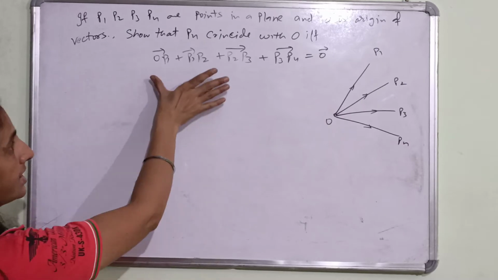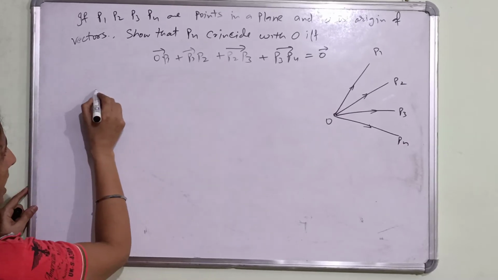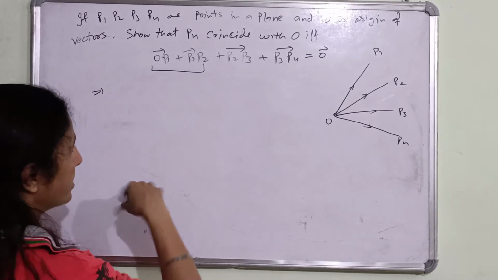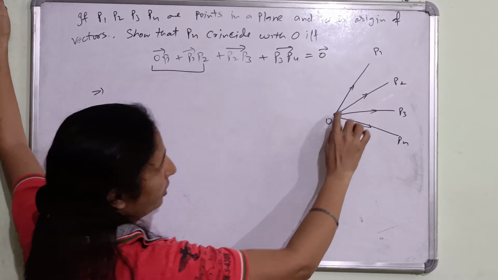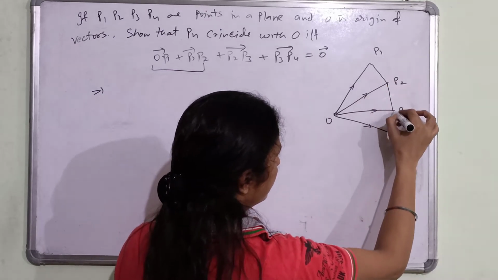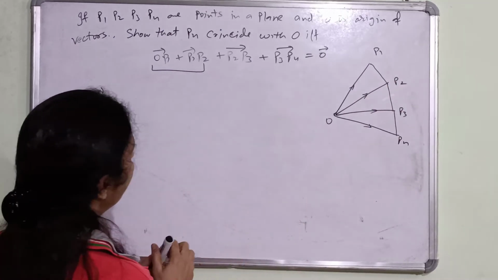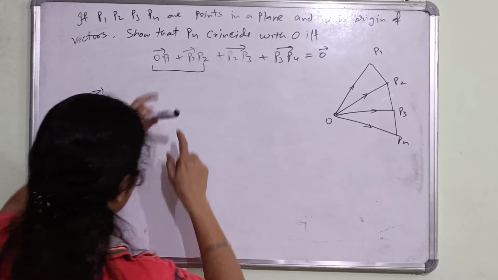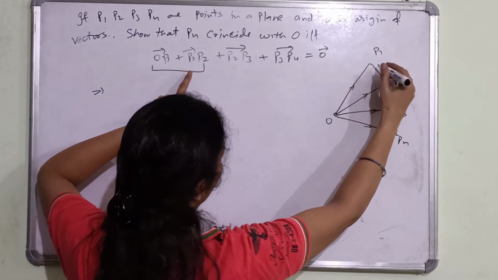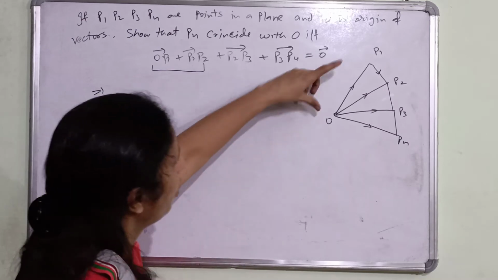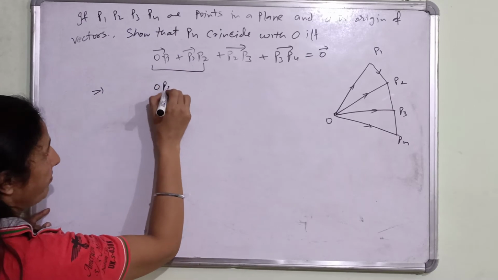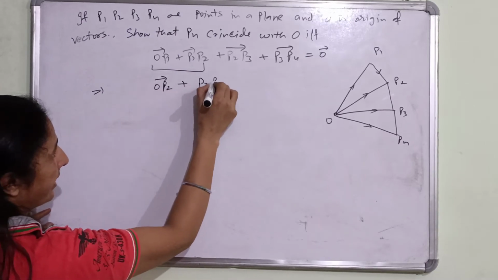So let's start with this, because this is given, right? So now let's see, take these two, by using triangular law. What is triangular law? OP1 plus P1P2, see, this is a triangle. We have OP1 and P1P2, so OP1 plus P1P2 would be equal to OP2 by triangular law. This is OP2, right?